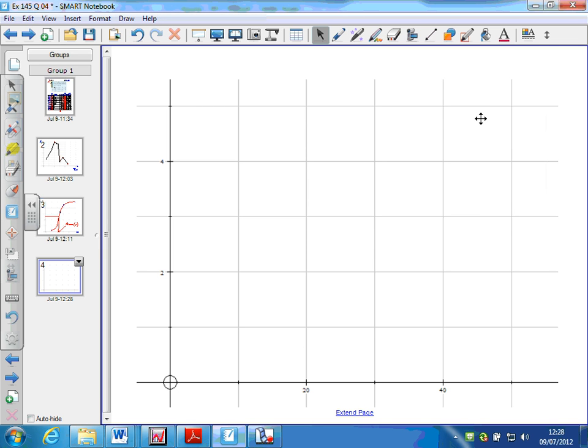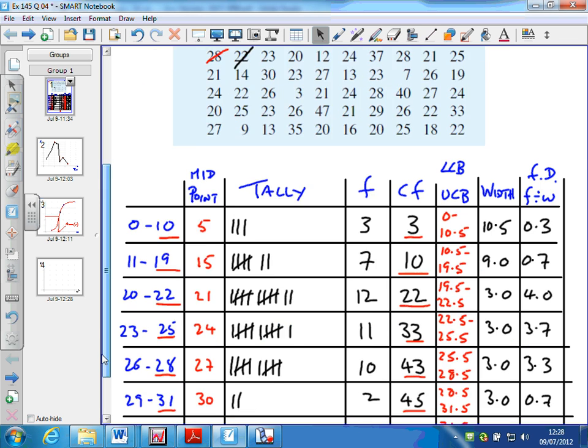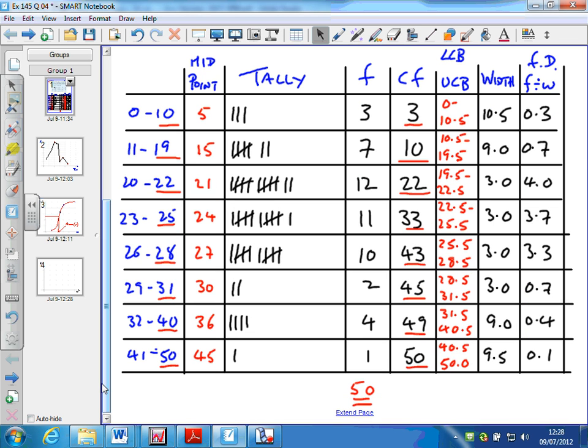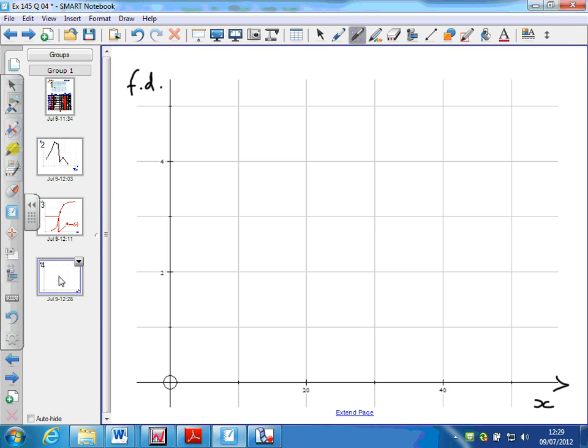So here I'm plotting frequency density up the y-axis and my group along the x-axis. So let's start putting the bars on. So the first bar is going to start at 0, as we were saying, go up to 10.5 on the x-axis and up to a height of 0.3.